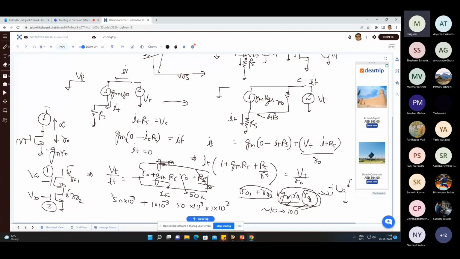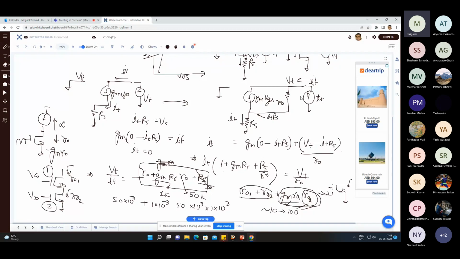So conceptually also you can see what is happening in this case. If you are trying to provide an input signal at the gate, suppose I apply a current, rather than putting a voltage, IT directly, and I try to see what is going to be my VT developed over here. If I have IT going in, the same IT should come out.